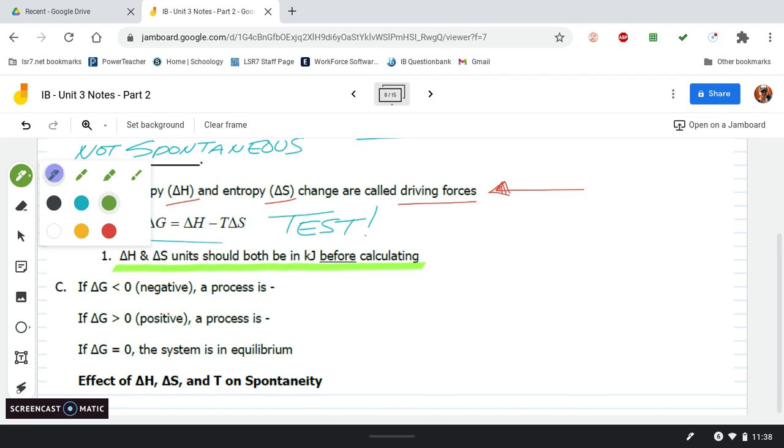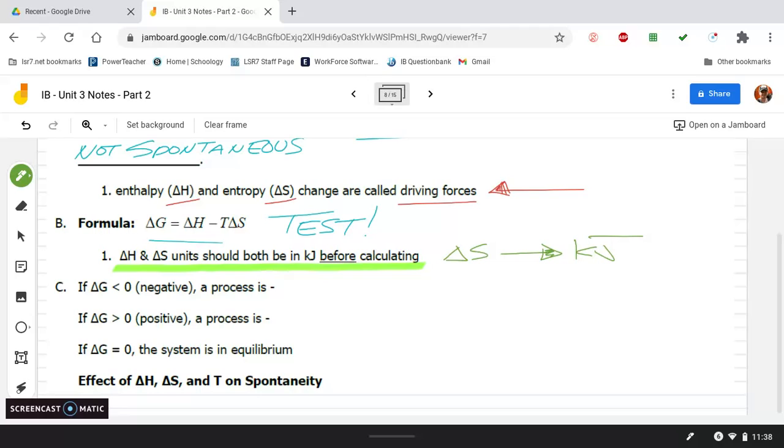So what we normally do is take the delta S value that you get and convert it into kilojoules by dividing by 1,000. This is something that can pose problems, so that's kind of an important little bit.